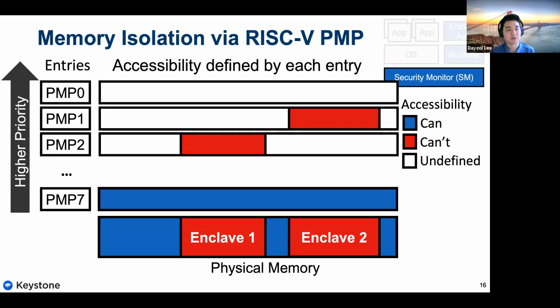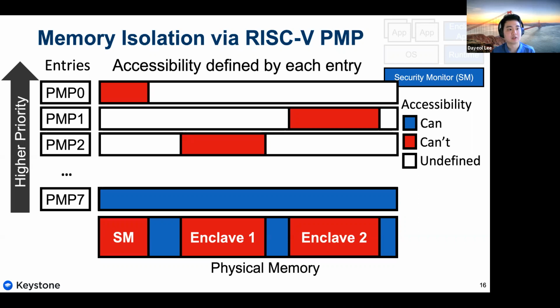If there are two enclaves, enclave 1 and enclave 2, the security monitor will assign one PMP entry for each of the enclaves, and then one PMP entry for itself, and then configure the permission bits so that the security monitor memory or the enclave memory is inaccessible by any of the cores.